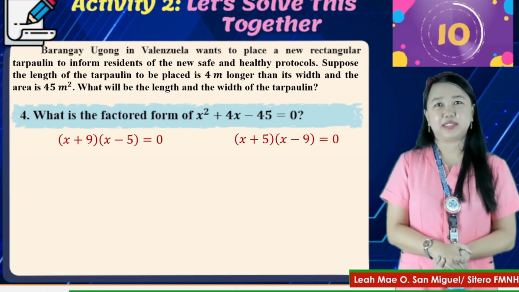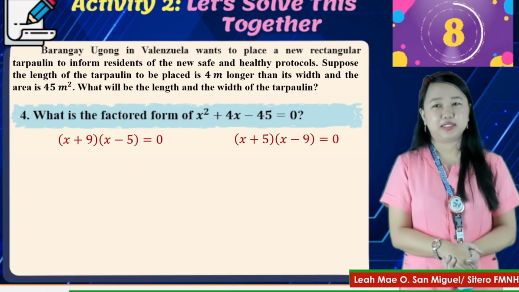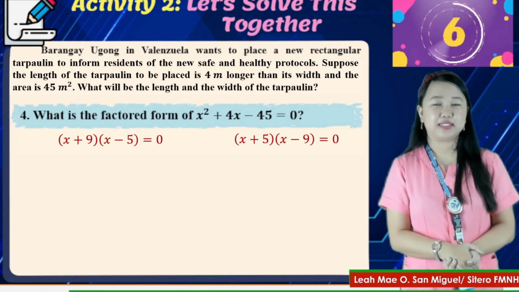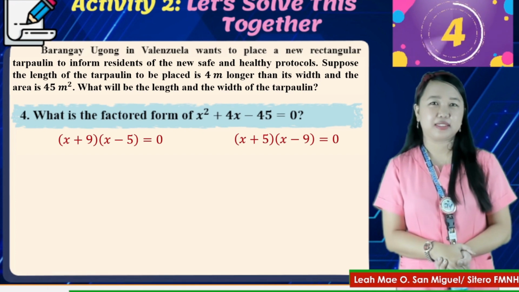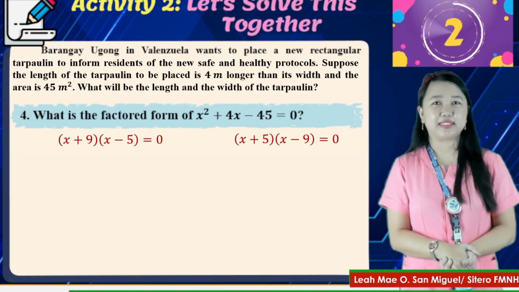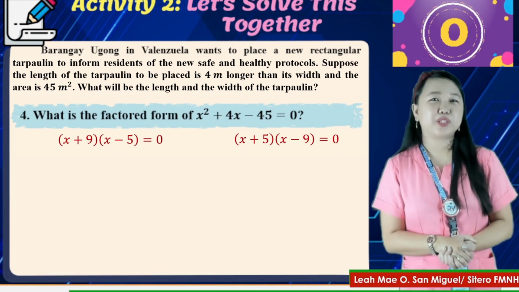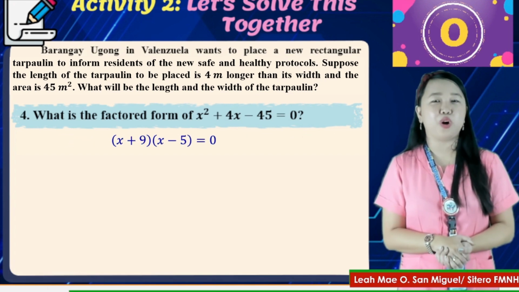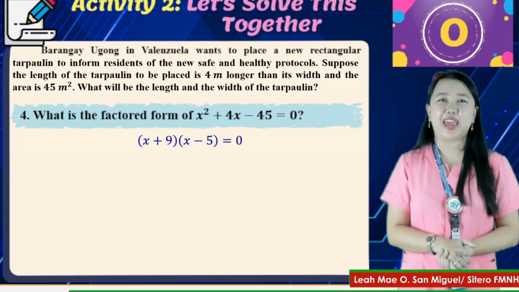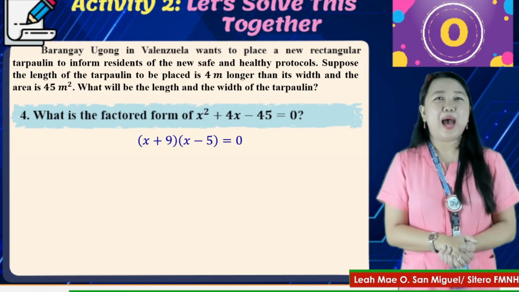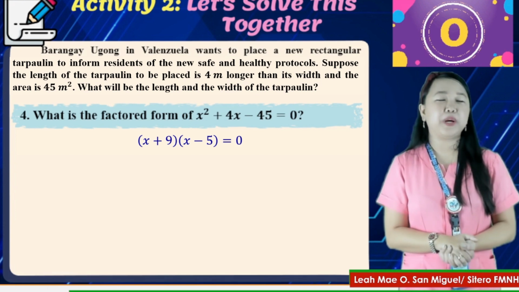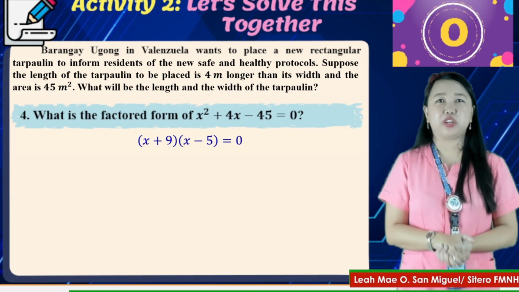Go! Time's up. If you answered x plus 9 times x minus 5 equals 0, then you are correct. Awesome. Apply the zero product property, then solve its equation.